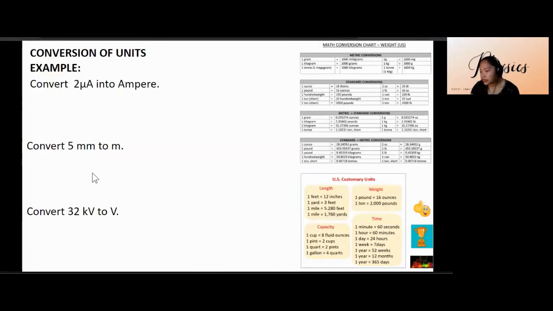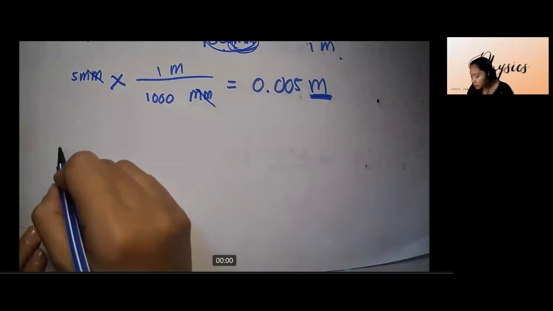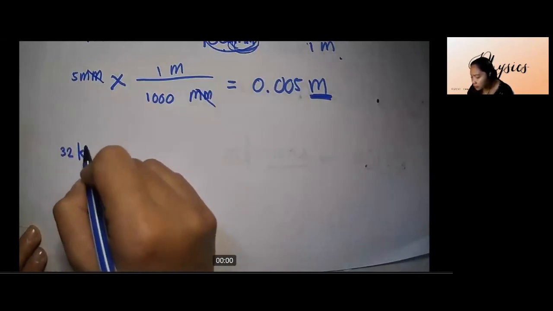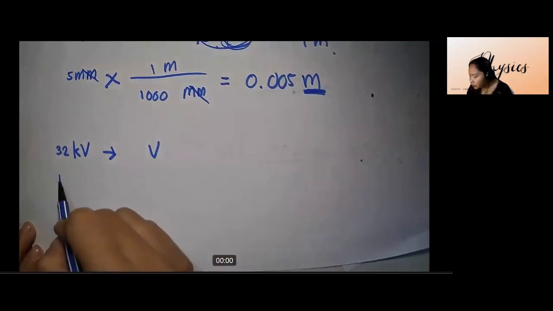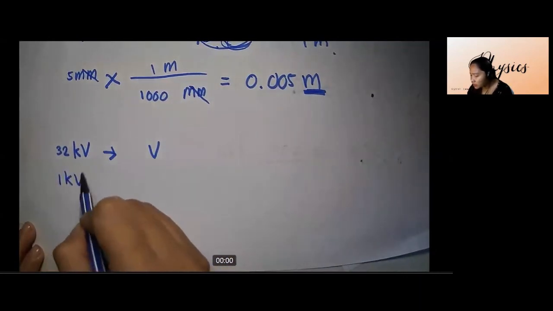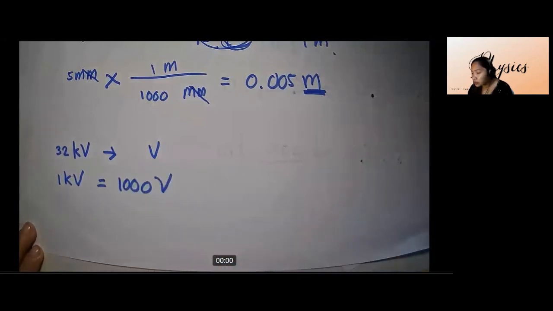Okay, let's have another example. 32 kilovolts to volts. We know that for every 1 kilovolt, the equivalent is 1,000 volts.